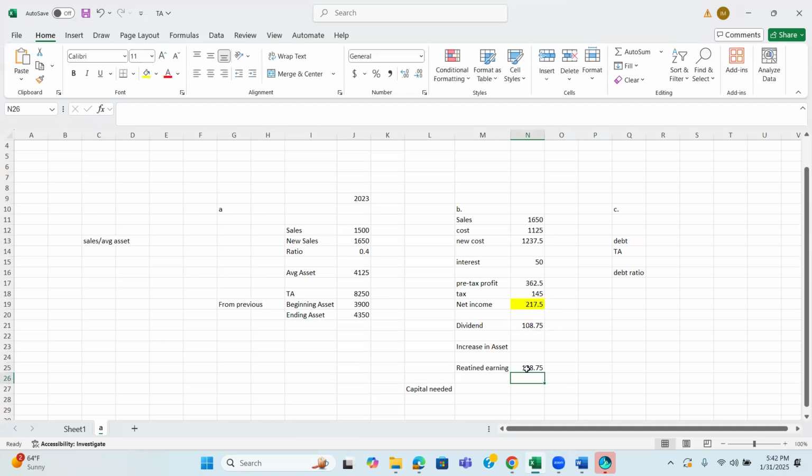So your retained earnings should be 108.75.